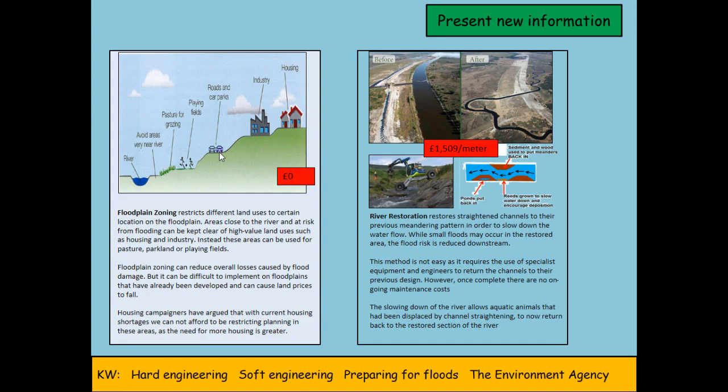But ultimately, it's a car park, so unless people move their cars, not a lot would happen to it. You would then put your industry and your housing in the higher up levels because they are less likely to flood. Because if you think down here, if that river is going to flood all the way up here, you'd have had a tsunami or something.